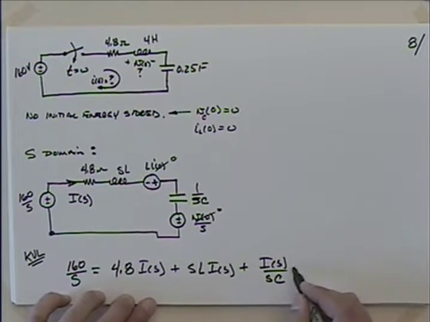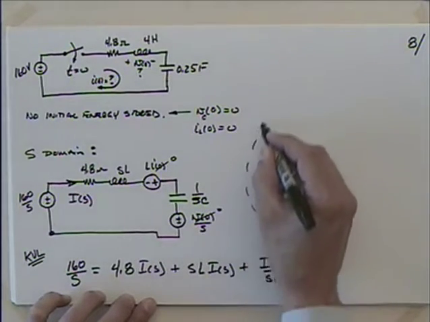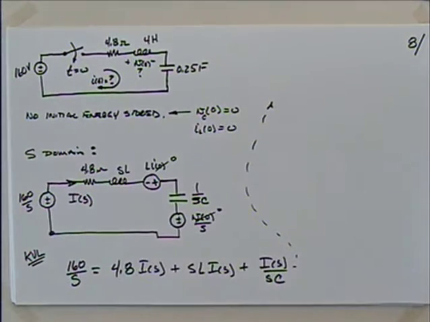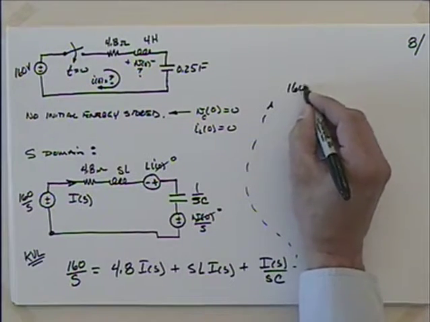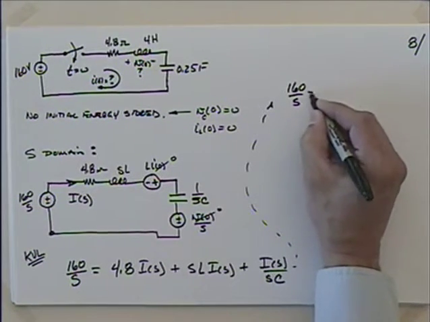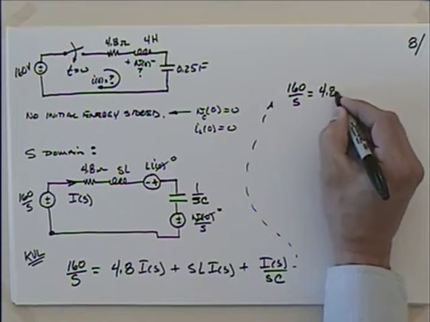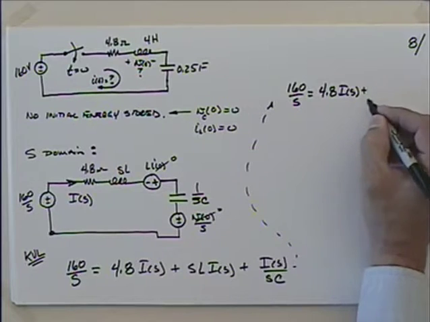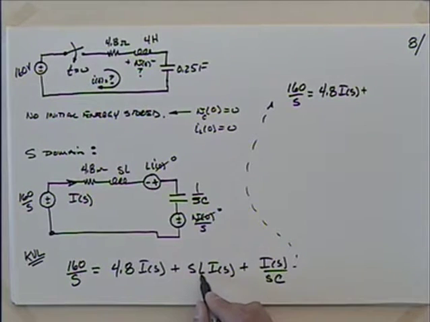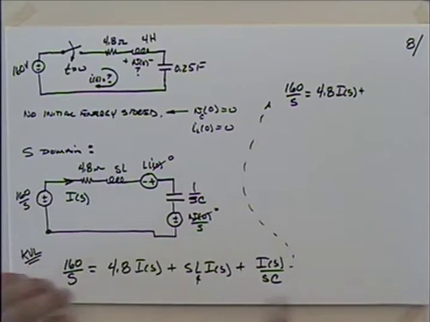So let me use a little space here and continue working on this. That'll give me, when I make the substitution, 160 over S is equal to 4.8 I of S plus S times, let's see, what's the value of the inductor? 4.